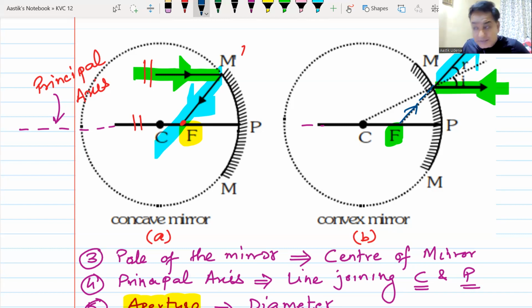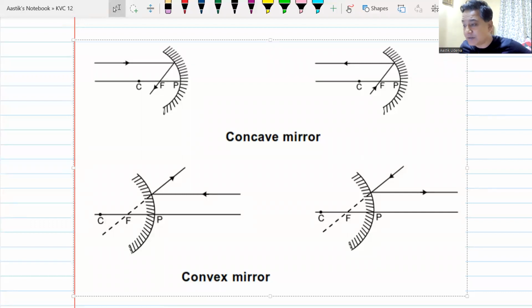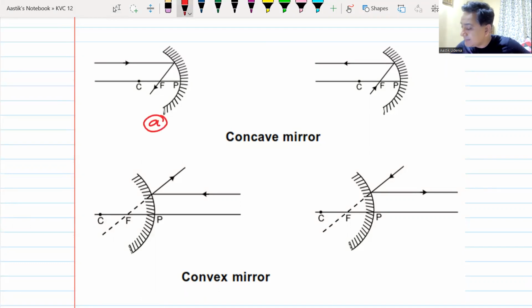Okay. So this is the diagram that will make you understand the point that I was saying. If you can draw this diagram roughly, that is great. In diagram A, the incident rays, the blue rays, are parallel to the principal axis, and after reflection, they pass through one point on the principal axis.